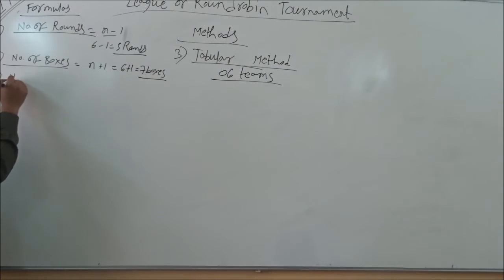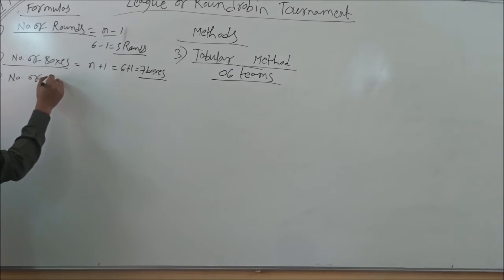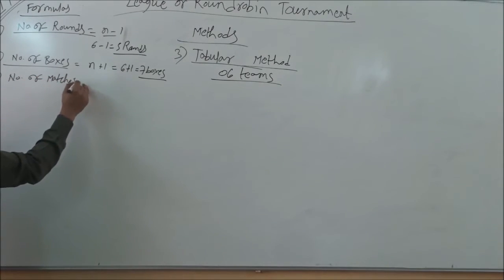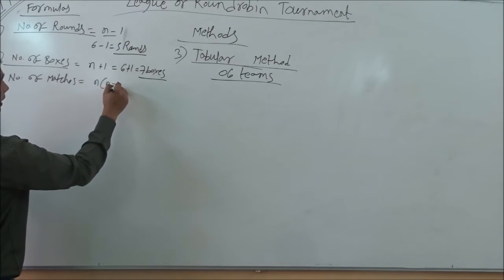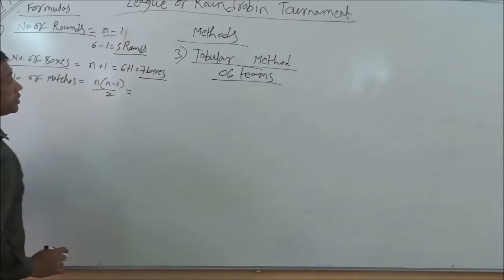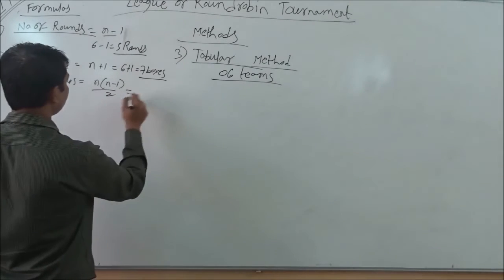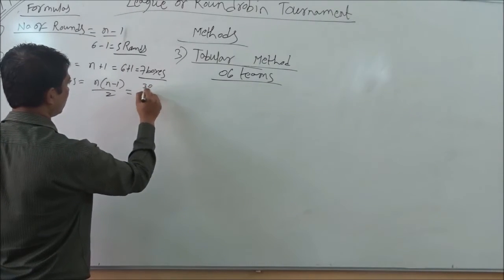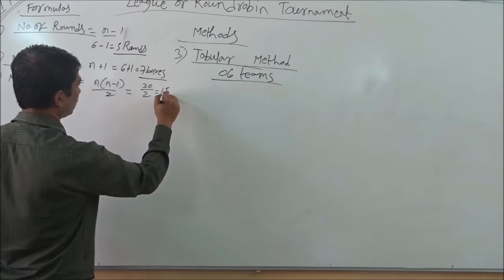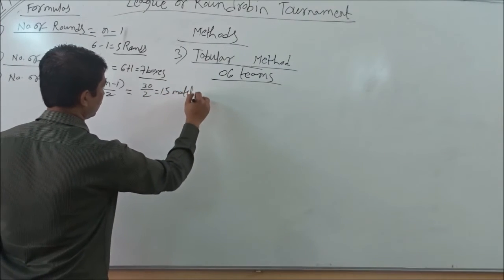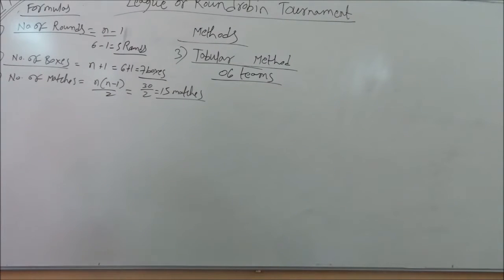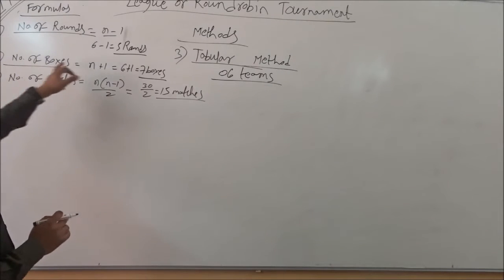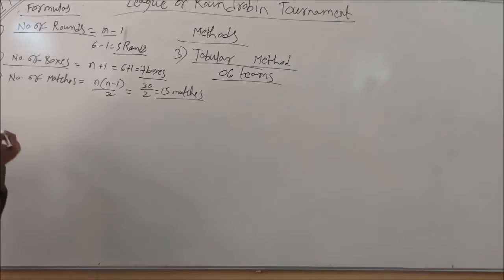Third formula will be number of matches, that becomes n into n minus 1 upon 2, so it will be becoming 15 matches. These 3 formulas will be required to draw the tabular method. So first of all, according to the number of boxes, we need to draw the table.